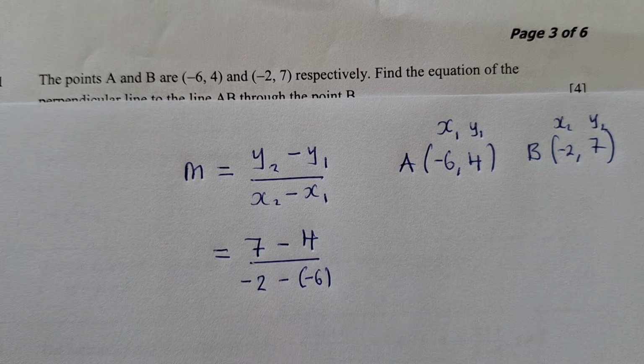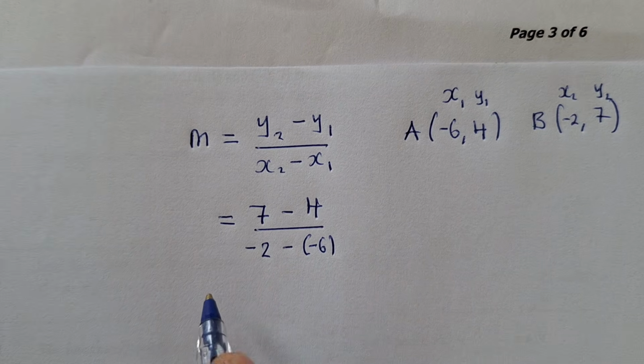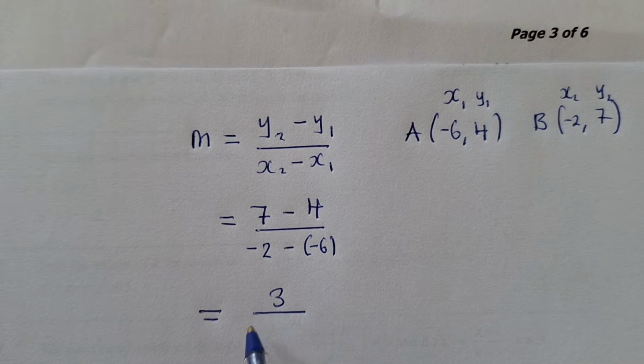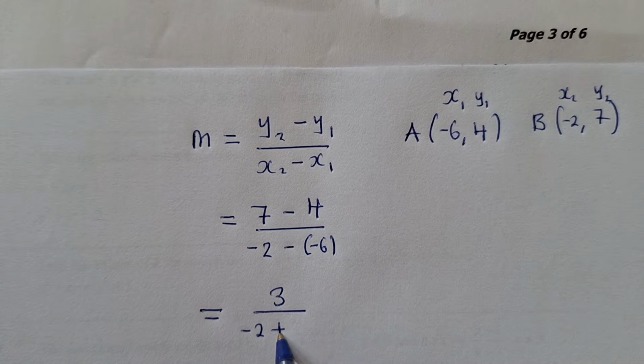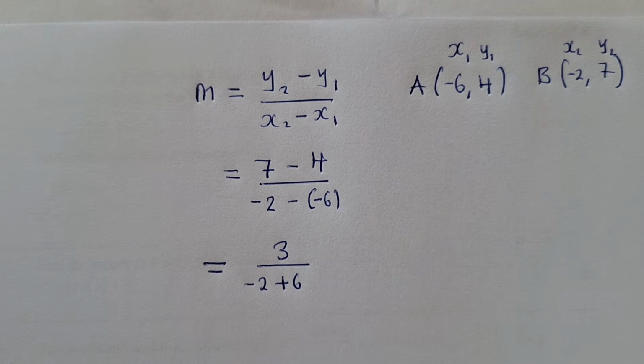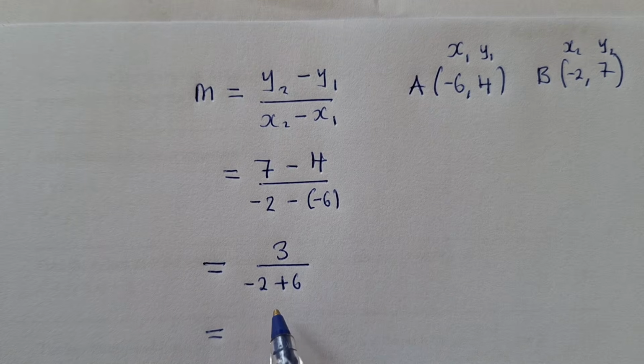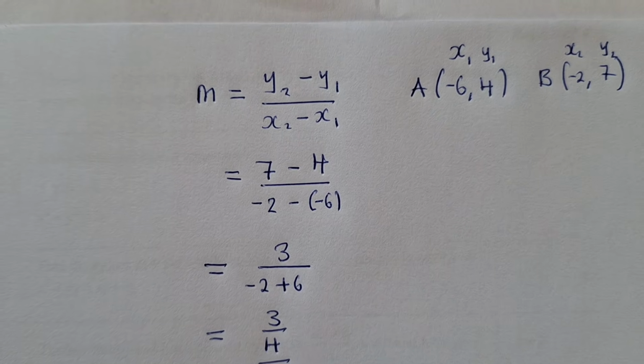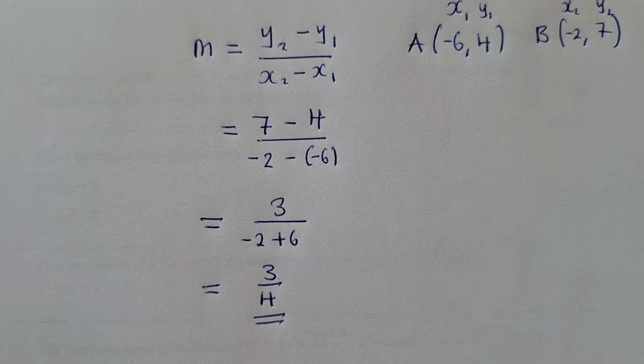Okay, you see the minus sign in the formula. So we simplify, we're getting 3 over -2 plus 6. We simplify further, this is giving us 3 over 4. So our gradient is 3 over 4.